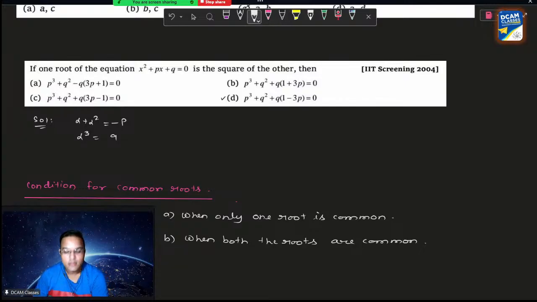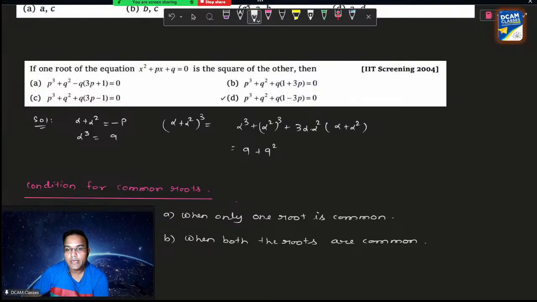Cube is there. So what I'll be doing is using the a plus b whole cube formula: a plus b whole cube is a cube plus b cube plus 3ab into a plus b. So alpha cube is q, square plus 3 alpha cube is 3q into minus p.